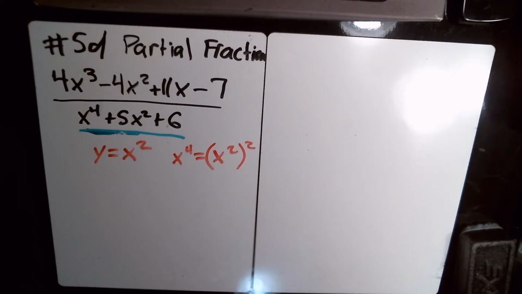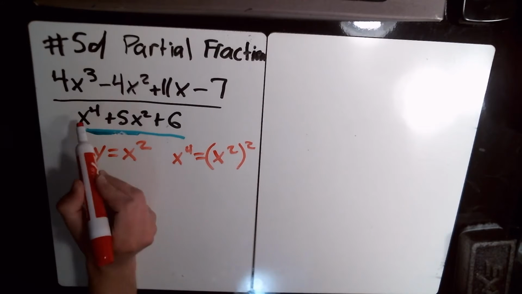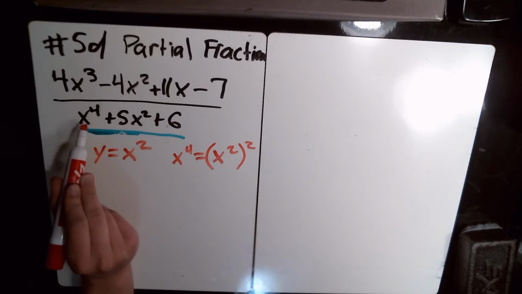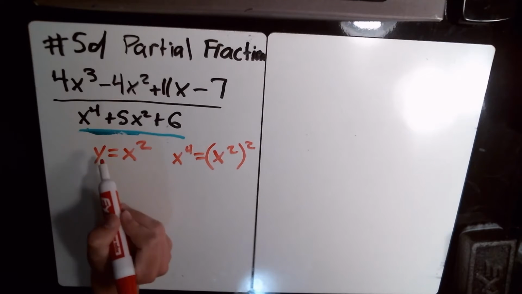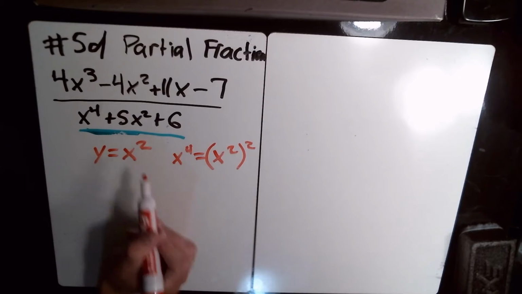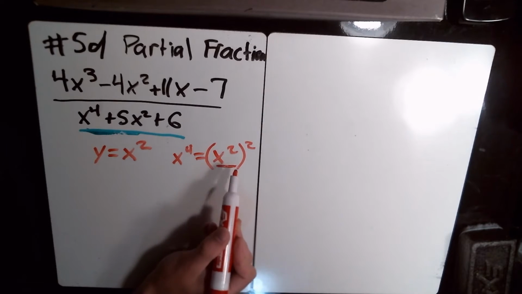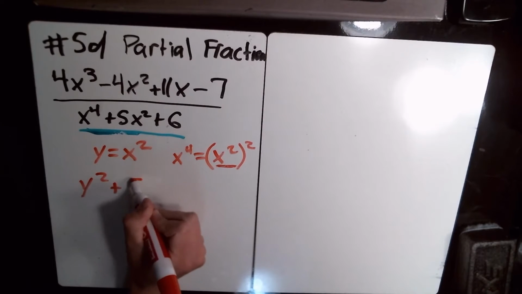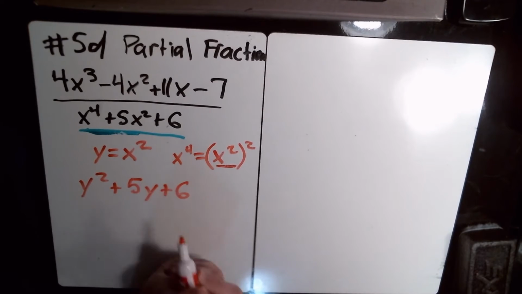You multiply the powers to get 4. And so you can rewrite this using this substitution as, if this is x squared squared, well, y is equal to x squared, so it's going to be the same as y squared plus 5y plus 6.